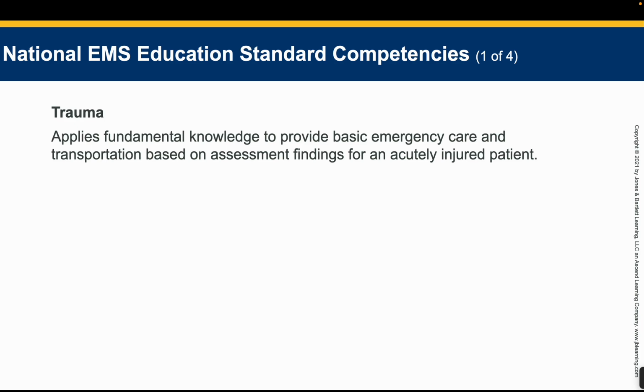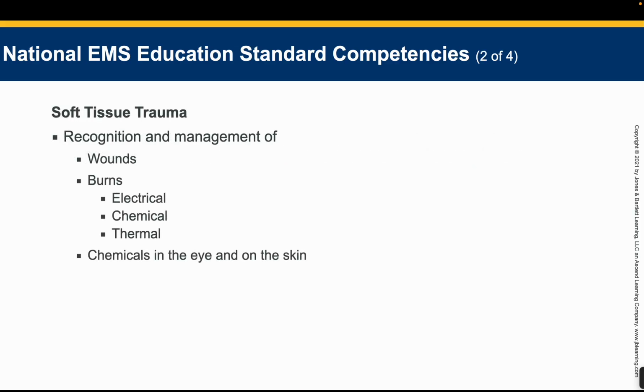So as we go through this chapter on soft tissue injuries, I want you to keep tying everything back to this competency. This is still part of the National EMS Education Standards. Just now, we're zooming in a little bit, specifically on soft tissue trauma. At the EMT level, you're expected to be able to recognize and manage several key types of injuries. That includes wounds, different types of burns, as well as chemical exposures to the skin and eyes.